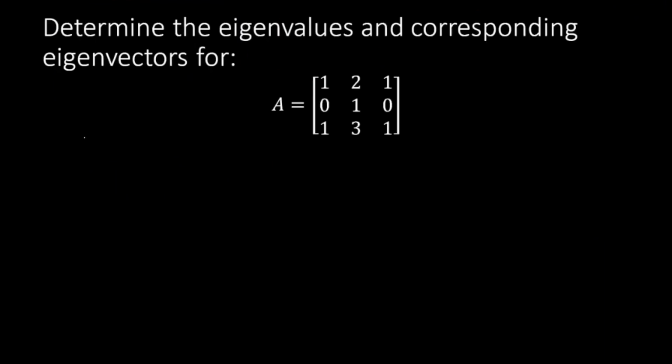Let's look at another problem. Now matrix A is a 3 by 3 matrix, and we would be calculating the values of the eigenvalues and the corresponding eigenvectors using the polynomial method. So let's start.